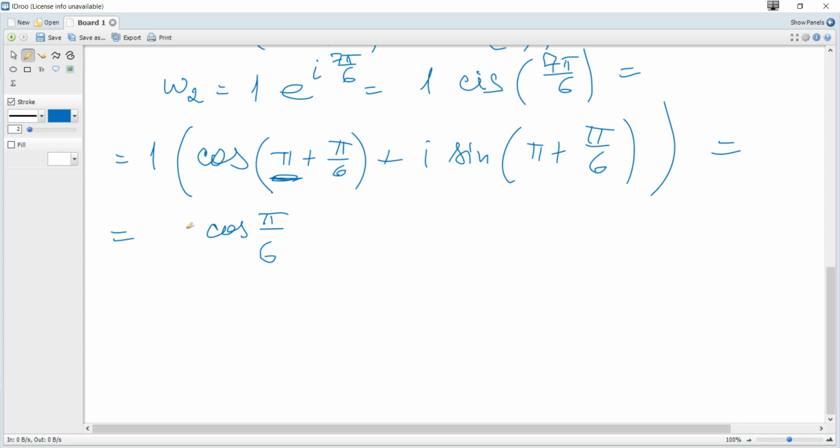You just put plus or minus in front due to the quadrant of the original angle and the original function. So cosine of pi plus pi over 6 is in the third quadrant, so cosine is negative, so the answer must be negative.